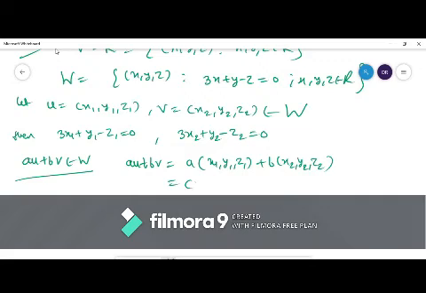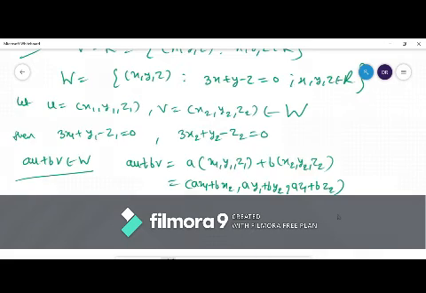This is equal to (ax1 plus bx2, ay1 plus by2, az1 plus bz2). AU plus BV belongs to W if 3 times the first element plus 1 times the second element minus 1 times the third element must be equal to 0.